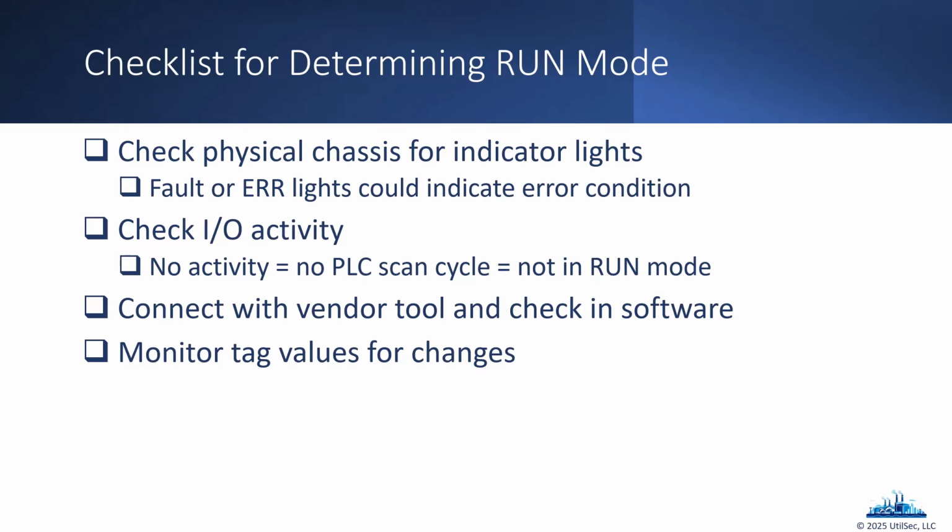If there's no activity, then it means that PLC is not doing anything. It's not in run mode. So if I don't see any blinking lights on the PLC that would indicate any IO activity, the PLC is not in run mode.